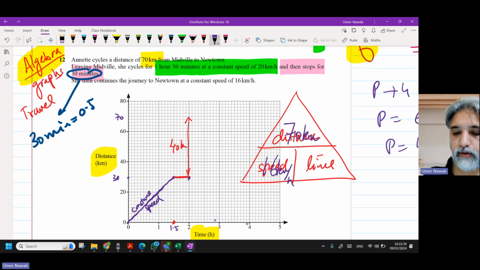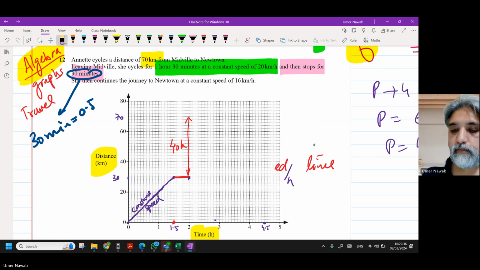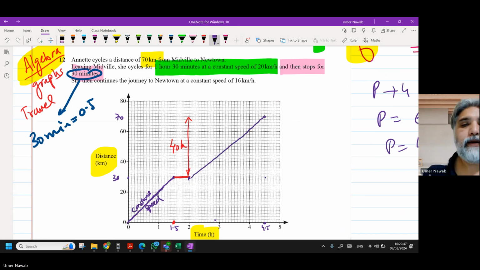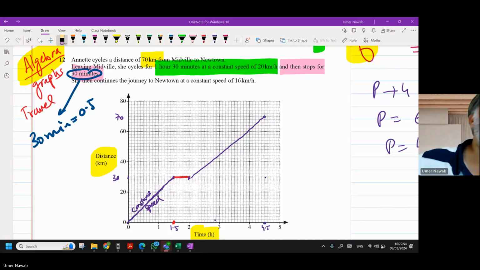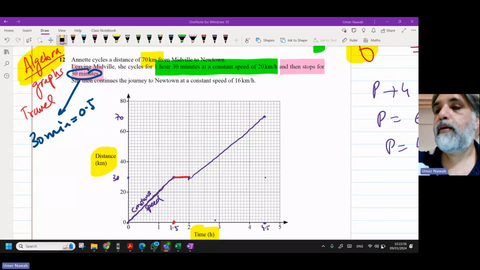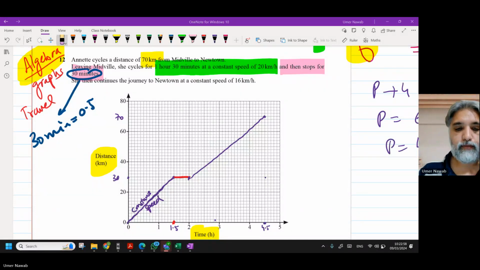So 1 hour, 2 hours, and this is 0.5. So then I raise this to 4.5, go up and reach to 70. Draw the straight line. I hope it is clear to you guys. Previously, I was trying to divide 70 by 16.